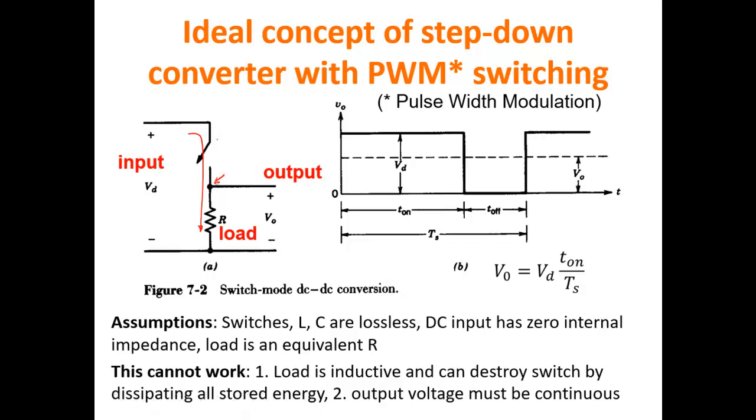And of course, I already mentioned this point, the output voltage must be continuous, which means that we need to filter out the high frequency components, the components that are not DC, but we need to exactly say how we're going to make these filters.